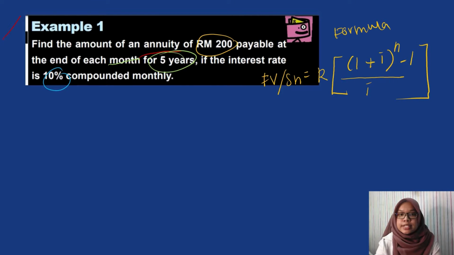So from this question, we can conclude the information: R is basically RM 200, because this is the amount of annuity payable at the end of each month. So every month, this person will pay RM 200. So the second one, we need to find the interest rate.